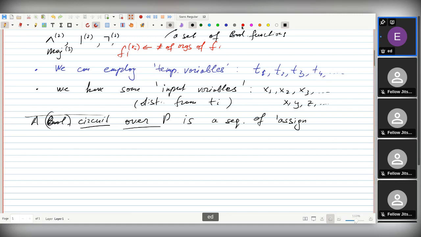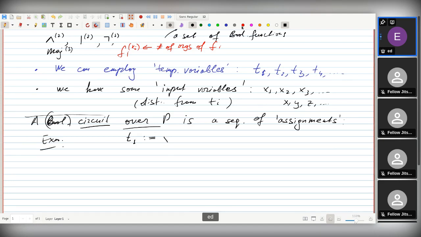You can treat them much like you do with assignments in your favorite programming language, or formally they are just pairs of a temporary variable and some right hand side. Let us see what this right hand side may be. Let us see an example first of all.